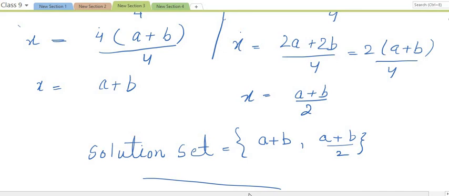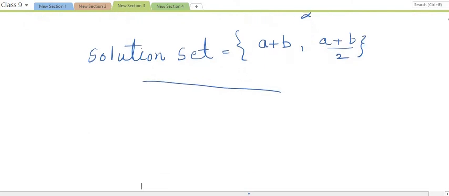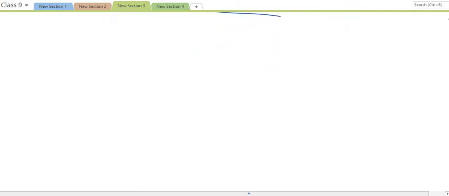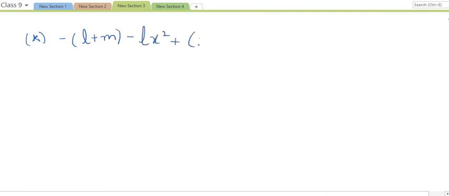Okay, last one, question 10. Minus l plus m, minus l square plus 2l plus m into x equals 0 and l not equals 0.